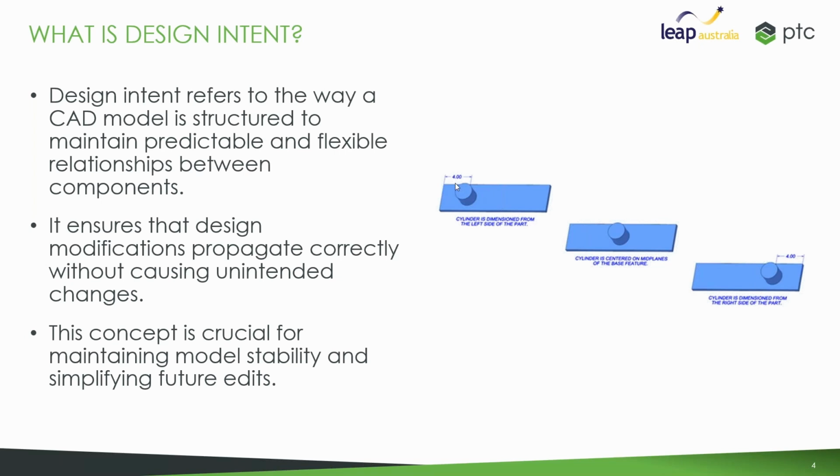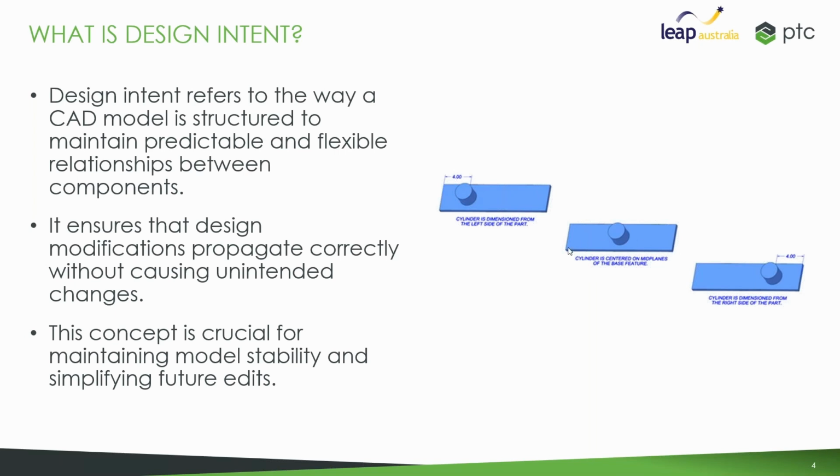We place it like 4 millimeters, inches, whatever it is, from one side, or we could place it in the middle, or we could place it relative to that. Now, in each scenario, whatever the design intent that we choose will be maintained. So if we decide to make this longer, or we decide to make this shorter, then that 4 is still maintained.